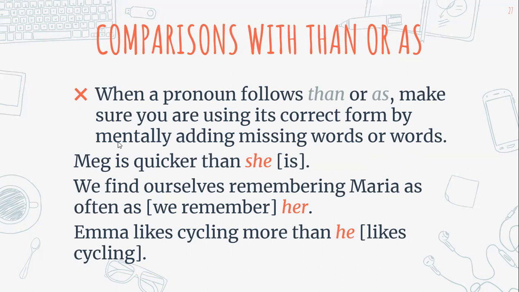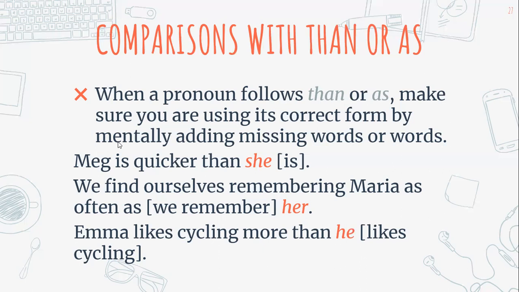We find ourselves remembering Maria as often as her. Emma likes cycling more than he. In this case, the sentences seem a little weird on their own because we obviously add in the missing words mentally, and most times they are already there in our sentences.